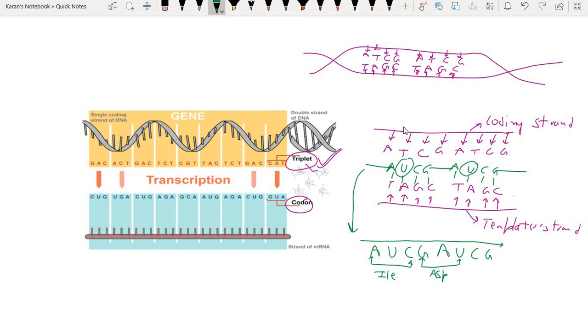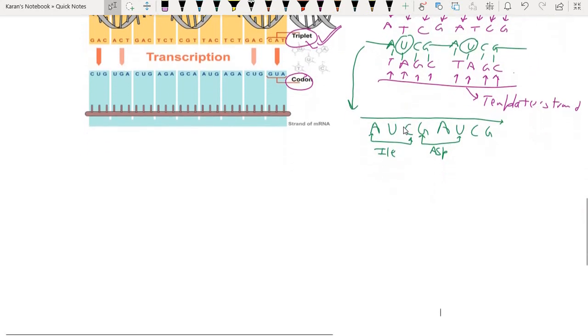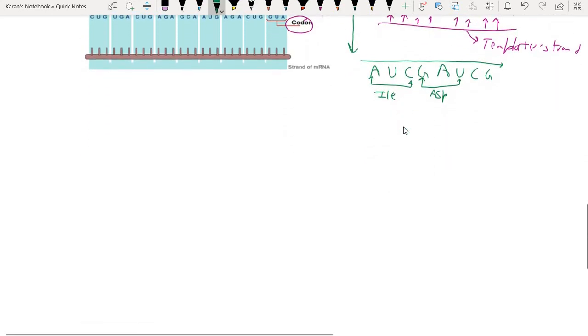But you must know that this template strand, which is used as the parental strand, helps in the synthesis of the RNA, right? Moreover, I want to tell you that this whole process of transcription occurs in 3 steps. The first step is initiation, where some factors are there.